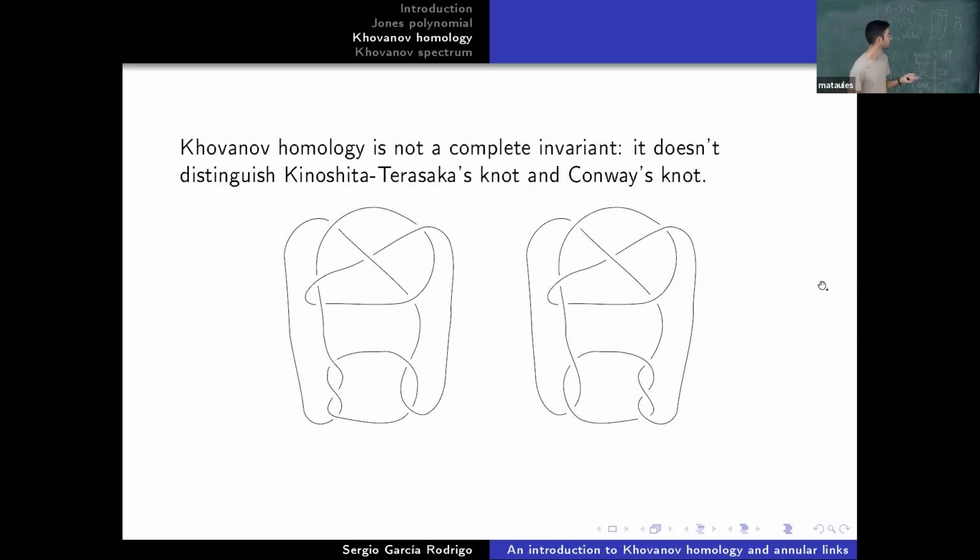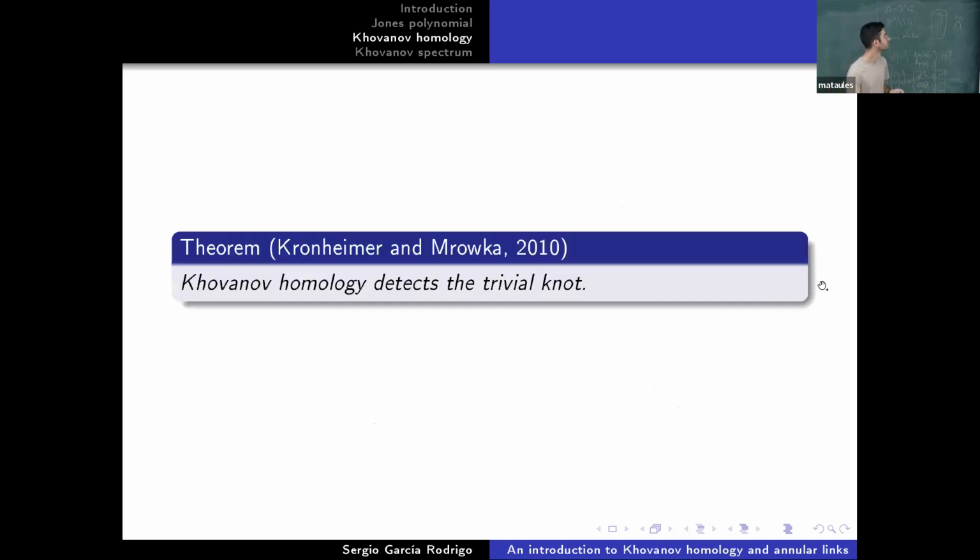There are some knots like these two right here that are almost the same, but right here in the bottom it's kind of flipped, right? So they are not equivalent. You can check it with other invariants, like the genus of the knot, but they have the same Khovanov homology, so it's not the perfect invariant.